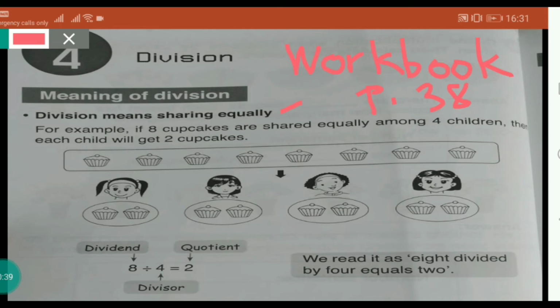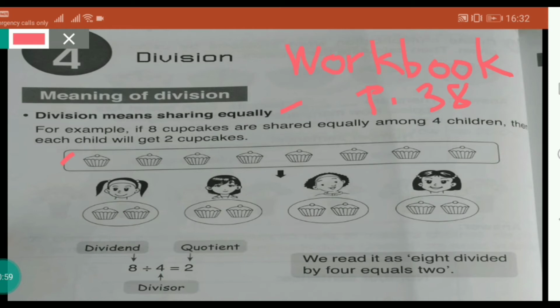Alright, so let's have an example. Let's read. If 8 cupcakes are shared equally among 4 children, then each child will get 2 cupcakes. Alright, so before that, let's count how many cupcakes are there.